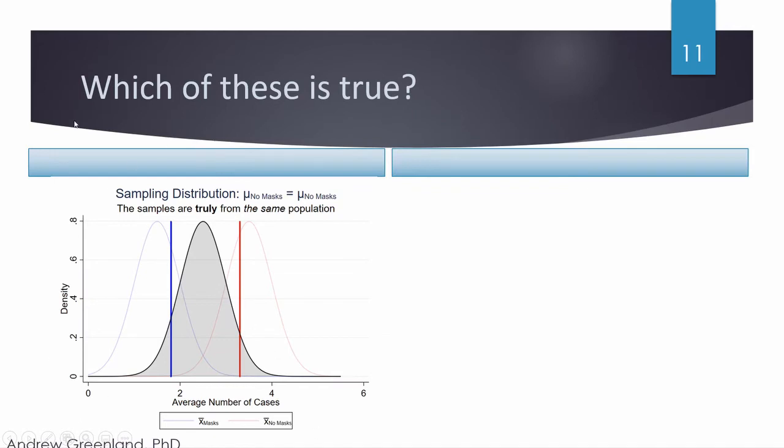Okay, if these two come from the same distribution, the central limit theorem tells me that in expectation, they should both be the same value. That is the middle of this gray distribution. So one possibility is these two sets of people are actually likely to get COVID at the exact same rate. The only difference here is random chance in the sample we got. If we had done this again, we might be just as likely to see them in the opposite direction, or maybe both of them right in the middle, okay?